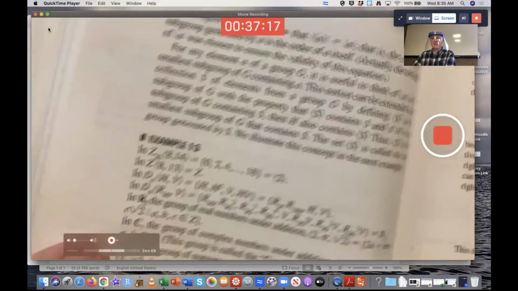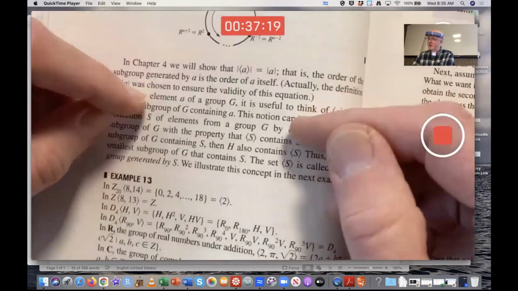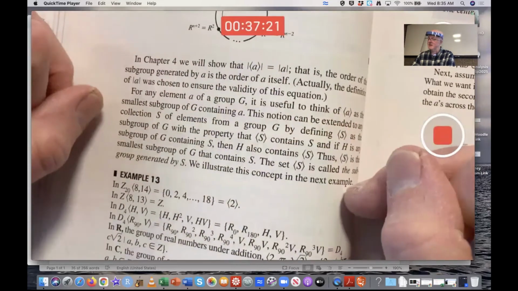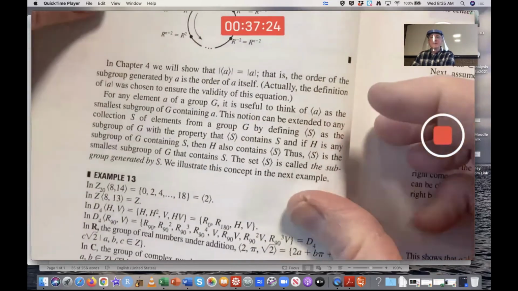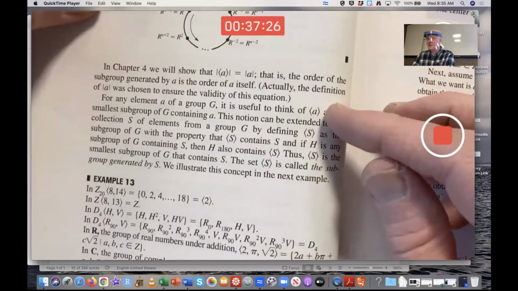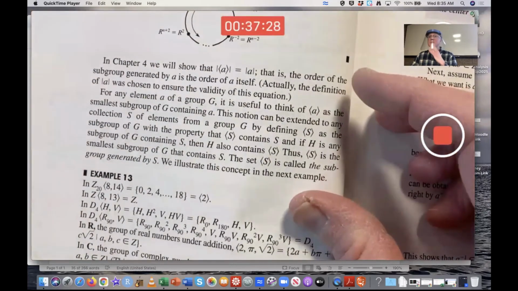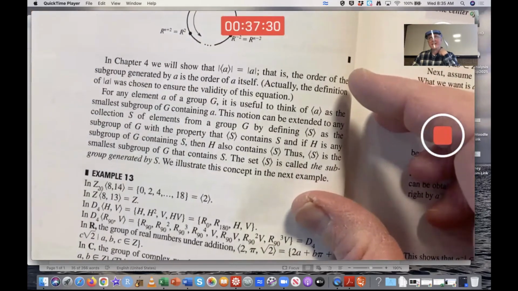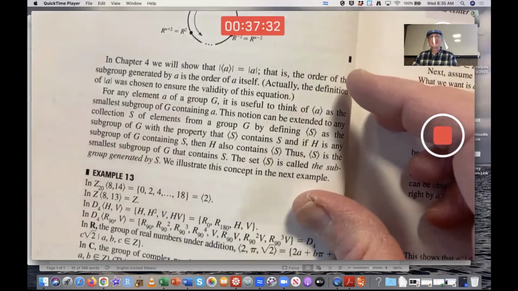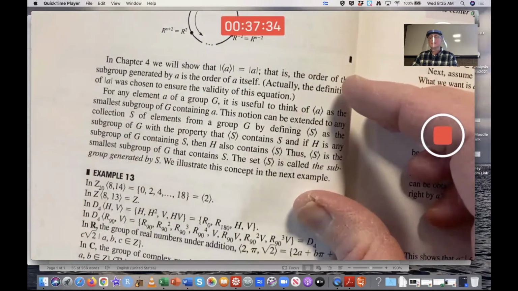So there's a discussion of this general notation where you put the pointy brackets around something. The pointy brackets around an individual element is the notation for the cyclic subgroup generated by that element, which as a set is the set of all powers of the element.